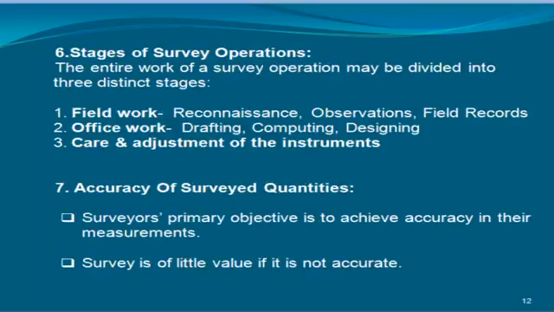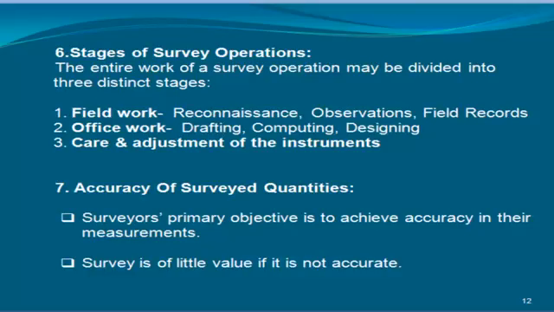Now, the sixth topic of the lecture is stages of survey operations. The entire work of the survey operation may be divided into three distinct stages. First, field work. Second, office work. And third, care and adjustment of instruments.